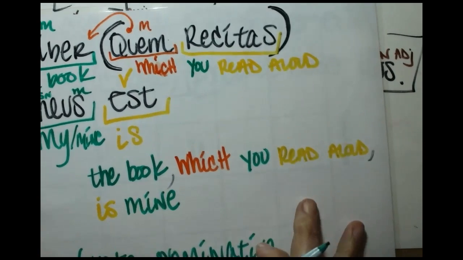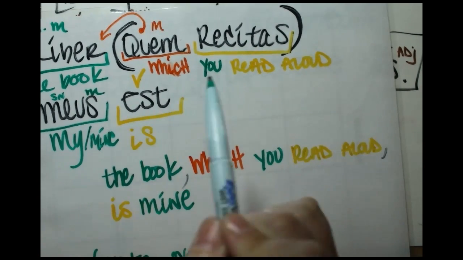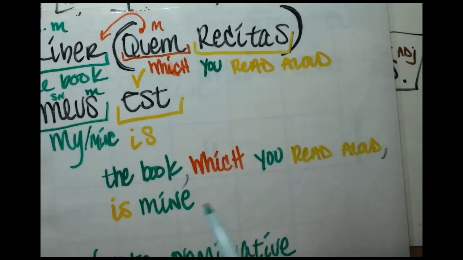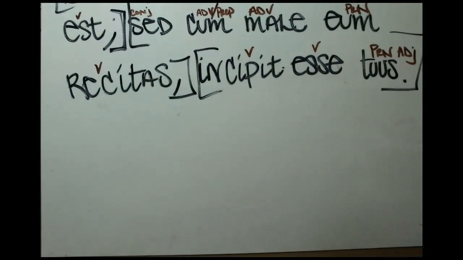Okay, so there is the translation for the first clause. Liber quem recitas meus est, the book which you read aloud is mine. Okay, so there's the first clause.